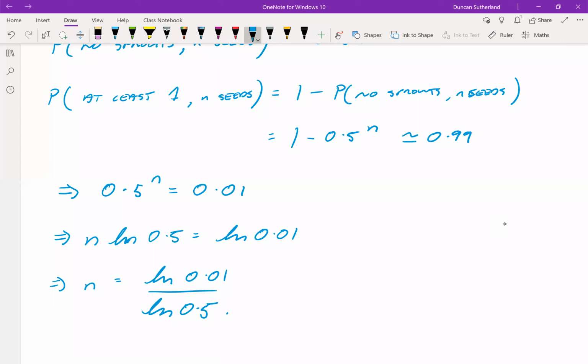So this number, if you stick it in your calculator, works out to be 6.643, and so on.